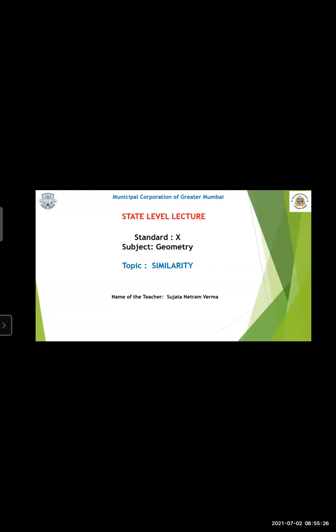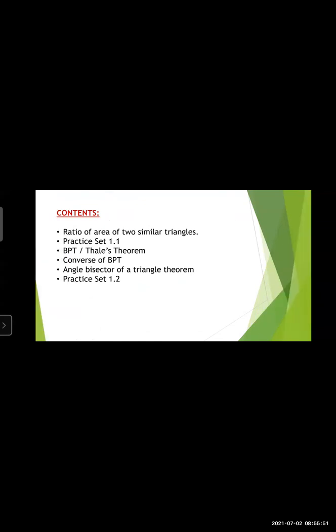Okay, so yesterday we revised all the basic concepts and also solved practice set 1.1, but today I will explain practice set 1.1 again and then we move to the next topic. So today the content of the lecture is, first, the ratio of areas of two similar triangles.